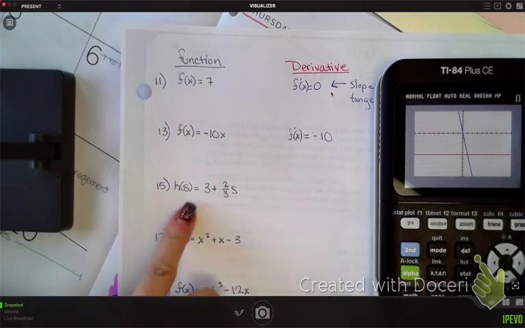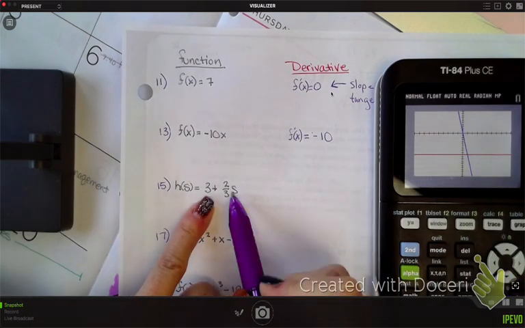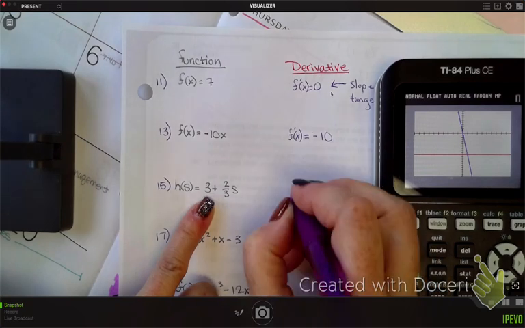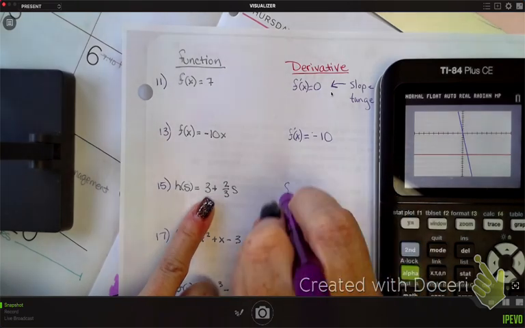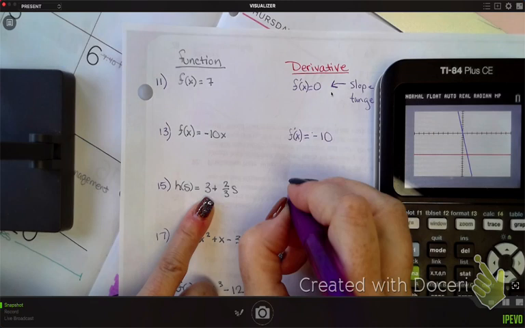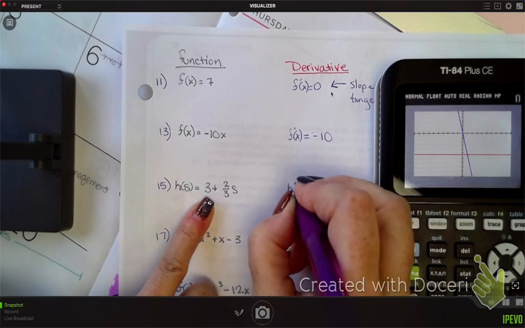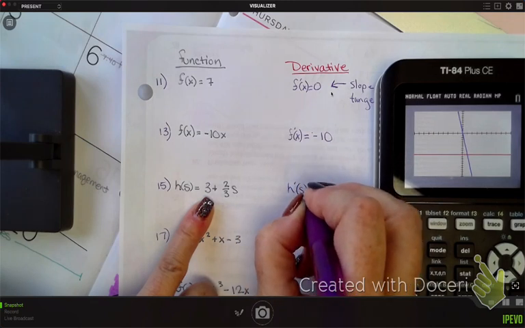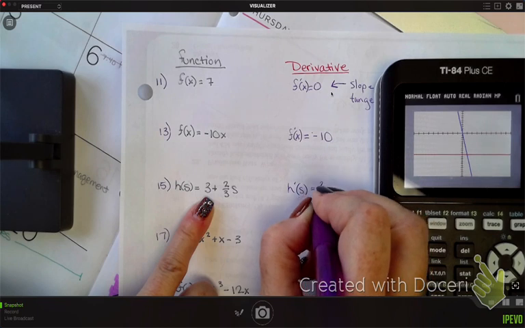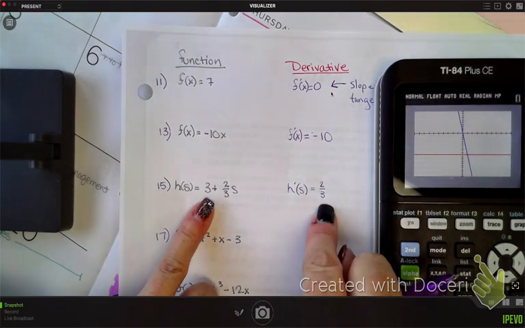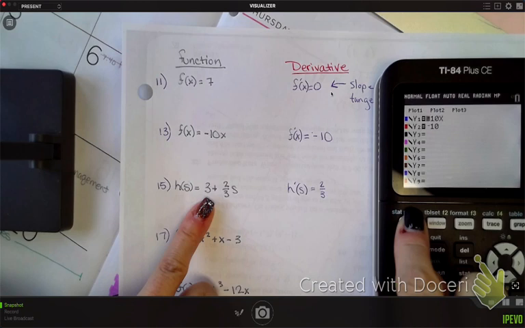Okay, so now we have 3 plus 2/3 s, and so not f anymore. This is h, so h prime at s was 2/3. Well, that's a horizontal line at 2/3, isn't it? So let's look at what the graph is going to look like.